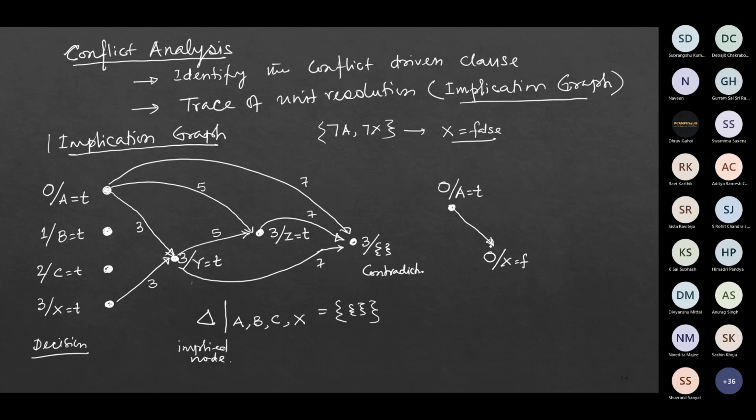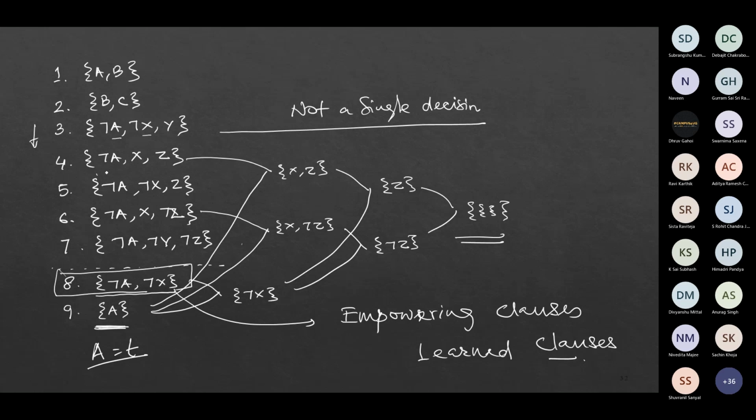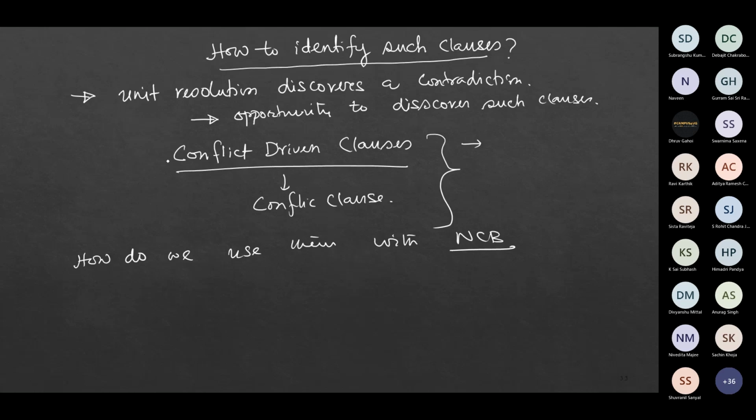Now we have got this node and this node. Now we can use this too, and from clause 4, I guess, you are setting A equal to true. So this becomes false, and Z must be true, right?